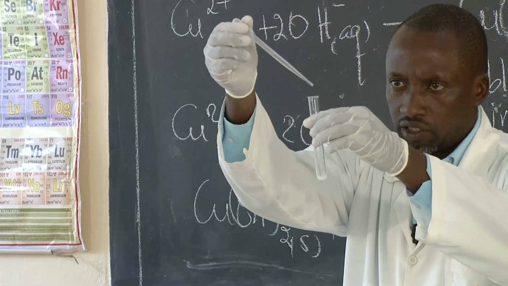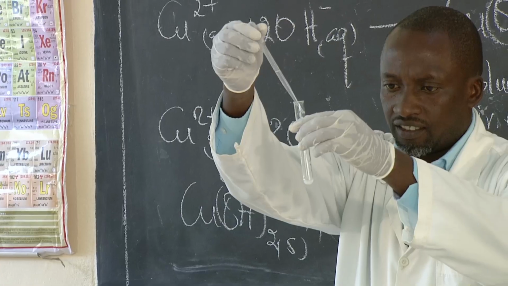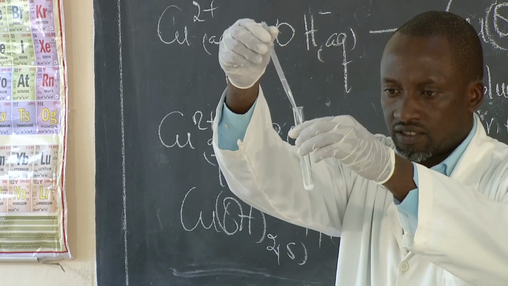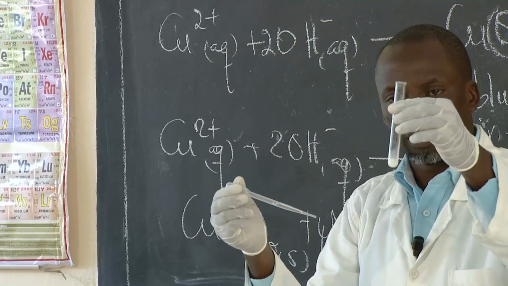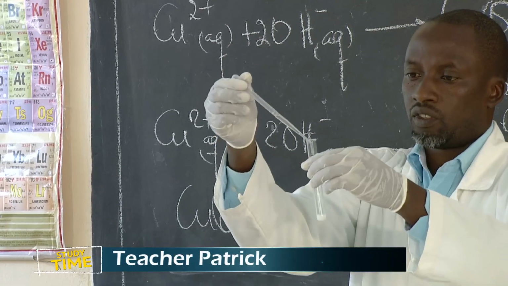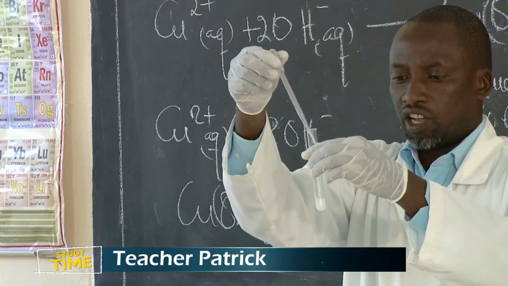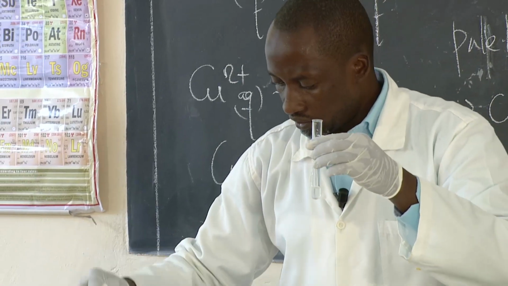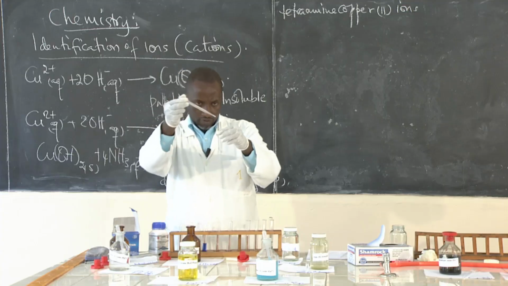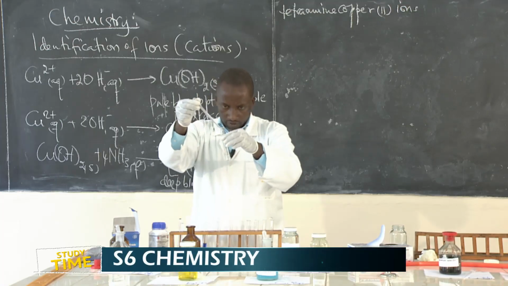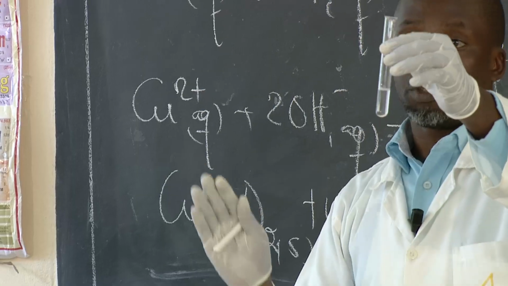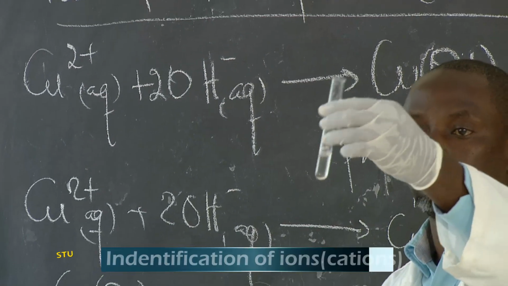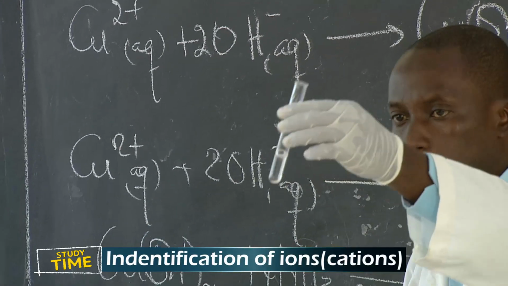I think you can see what is happening. See the precipitate. I think everybody can tell the color of that precipitate. Oh, wow. The precipitate has disappeared. I don't know whether you are able to see that one.